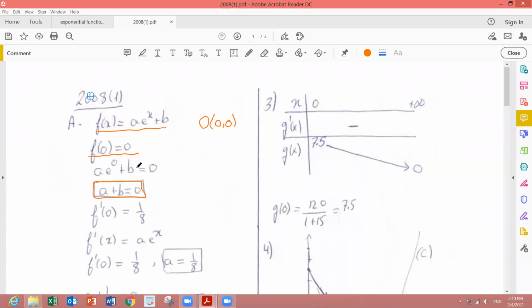Any questions here? أول شيء O هو 0 0 belongs to the curve, so f of 0 equal to 0.